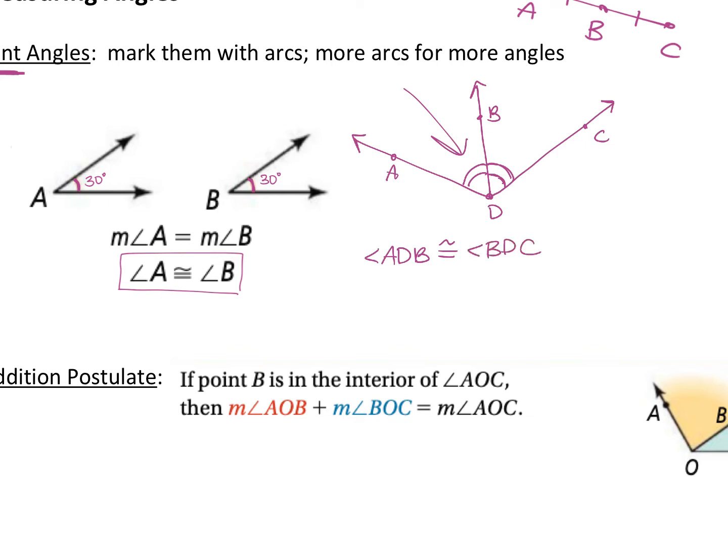Okay, if there was a third set of angles that were congruent, how do you think we would mark those? A new picture. So now there's this picture with congruent angles. How would I mark them? What would I put here and here? Because I already did a single arc and then I did a double arc.